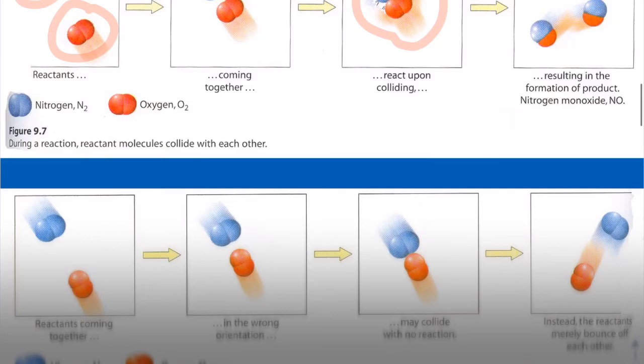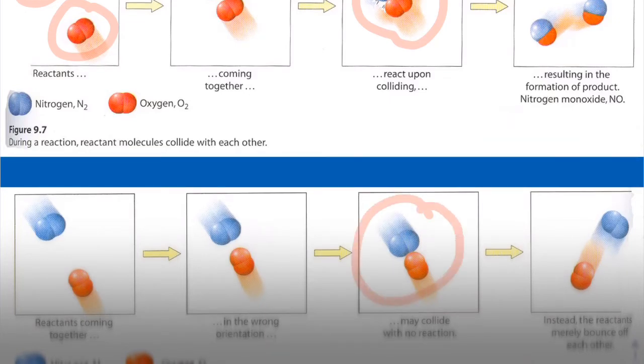So if we look down in the second example, if that molecule rotated a little bit so they hit perpendicular to one another, this guy in back is never going to be able to have his clouds overlapping with this one right here. And so this chemical reaction can't occur. Just through random chance, it's a bad collision, it's not going to work.